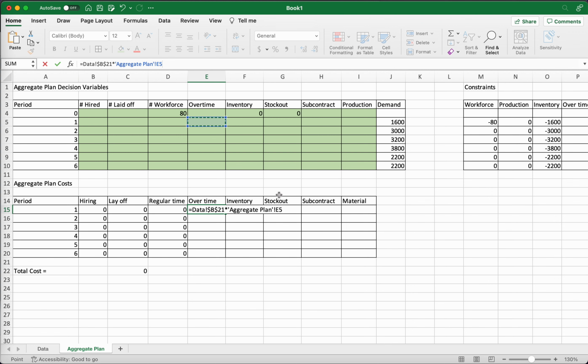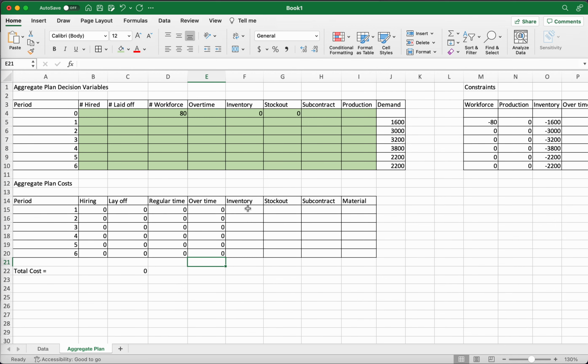For the month of January, the number of overtime hours is in E5. So we have that, and then I'm just going to copy the formula down. So this is the cost of overtime in May. This is the cost of overtime in June, which is again $6 times the number of overtime hours you have.